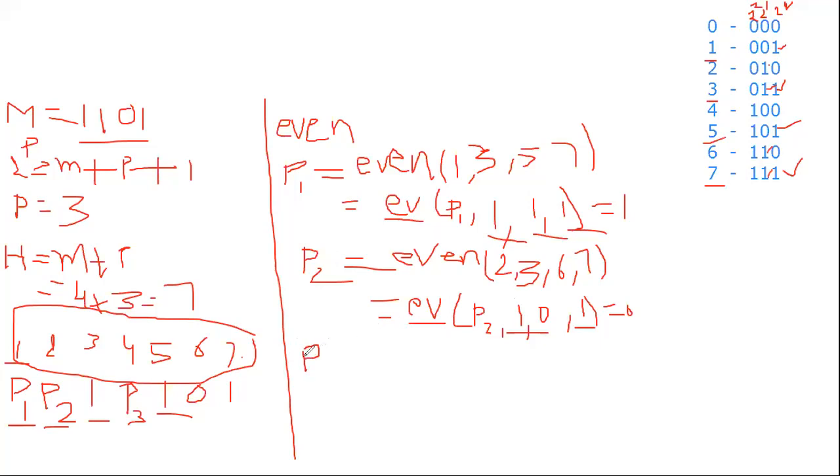Next, take P3, the third parity bit, or P4, whatever it may be. That is the 2 square position. See here in this table, the 2 square position has 4, 5, 6, 7.